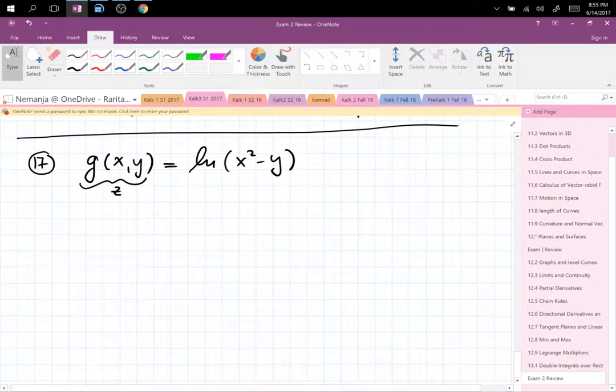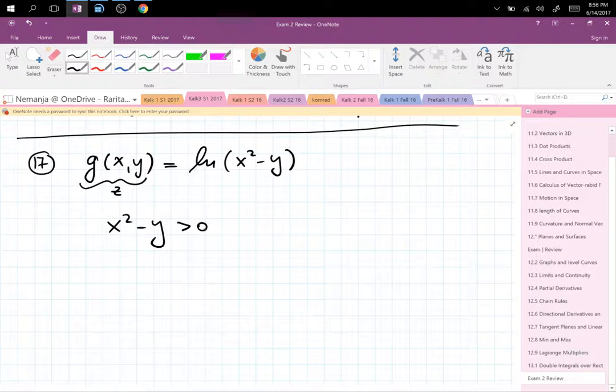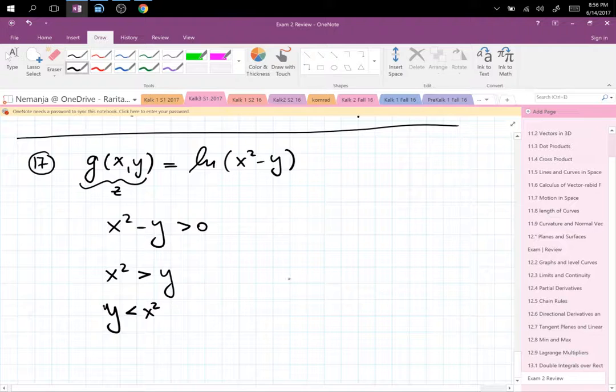Now for ln, the domain is found by taking the argument and setting it larger than 0, because we have a vertical asymptote at 0. So we have x squared minus y larger than 0. And that's actually an inequality. So this is x squared larger than y, which means y less than x squared.